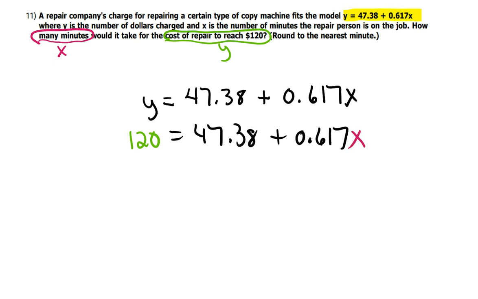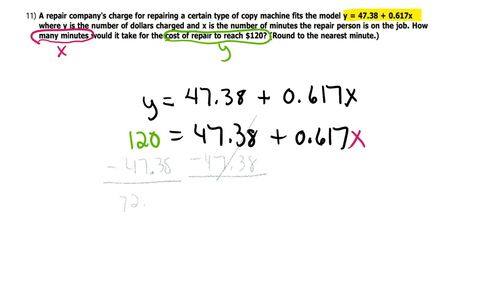So, again, you can use your calculator, or you can just use good old algebra, because this is really just a two-step equation. All I have to do is subtract the 47.38 from both sides. And of course, I would be using my calculator. 120 minus 47.38 comes out to be 72.62.